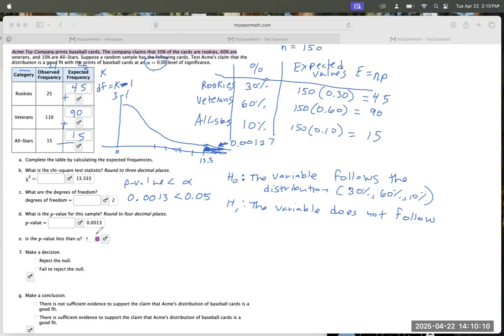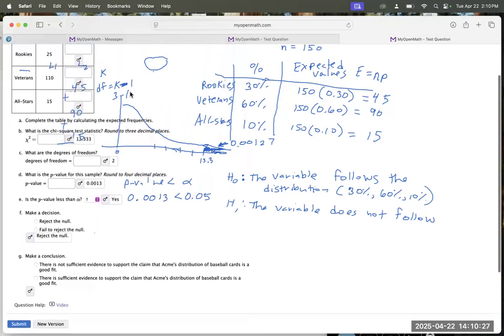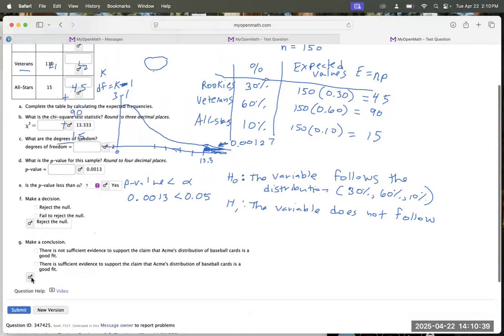So this answer here is yes. Because the p-value is less than alpha, we will reject the null hypothesis. The null hypothesis was that the variable follows the distribution. So if we're rejecting that, that means the variable does not follow the distribution.